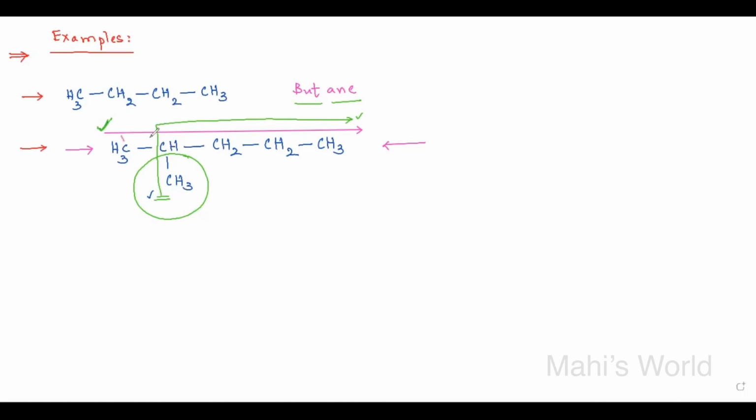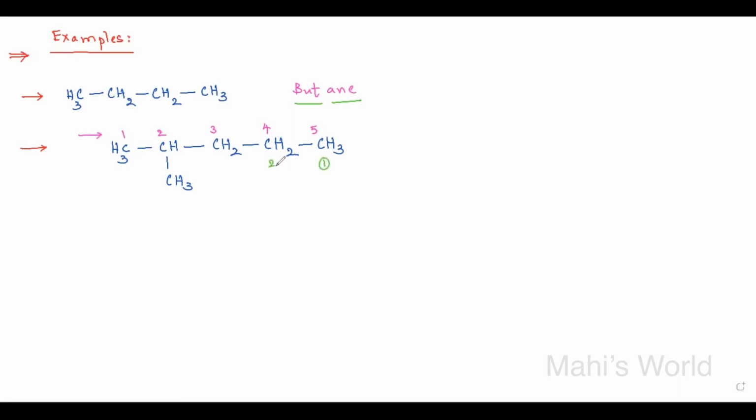So if I give numbers from this end, then this carbon to which the side chain is attached gets the second number. I can also give numbers from the other side. But see, the carbon atom to which this group is attached is getting the least number 2 when numbering is given from this end. But from the other end, it is getting a number 4.